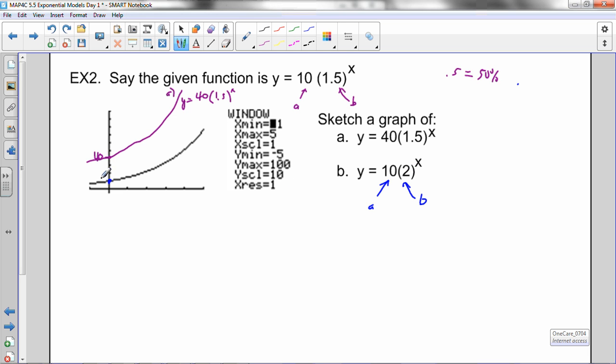A higher growth rate. And so that means it's going to sort of go up a little bit faster, even though it's going to go through the same value there. That's 10. So this is part B, which is 10 times 2 to the exponent x. And of course, you could fire that into a graphing calculator to check. We're going to be doing some graphing calculator stuff this week.